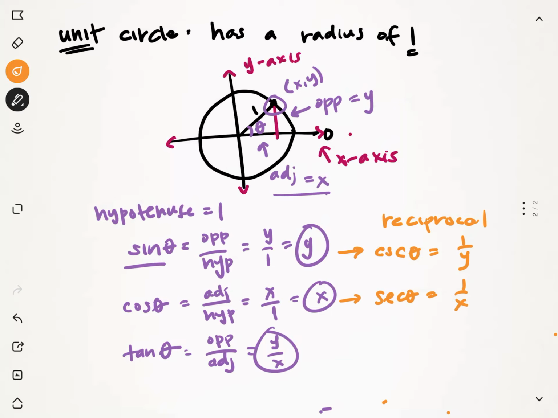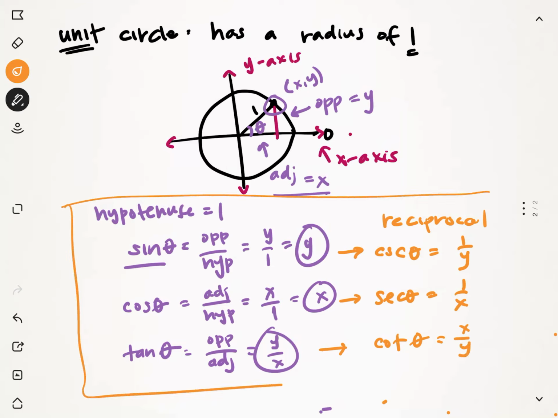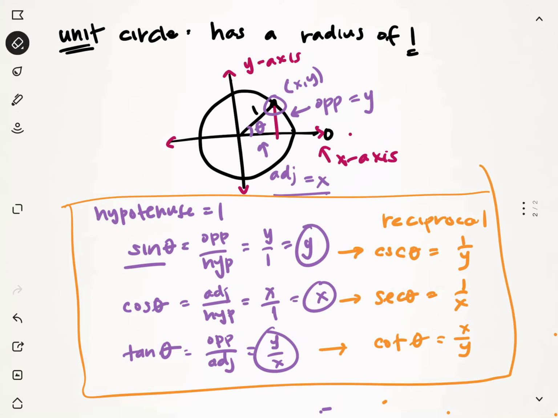So we're going to reciprocate. Secant is 1 over x, and then tangent, the reciprocal function is cotangent, and the reciprocal of y over x is x over y. Alright, so that's the basic setup for what we're going to be doing today.